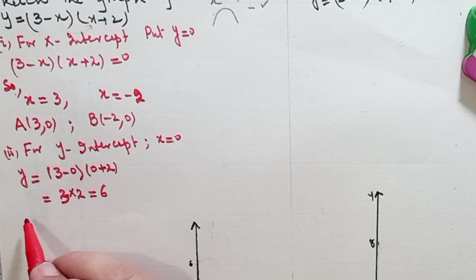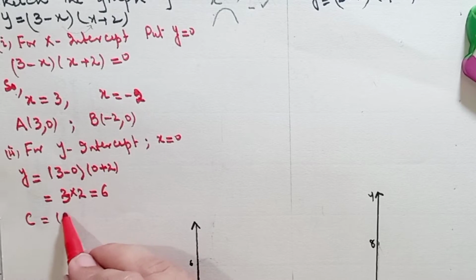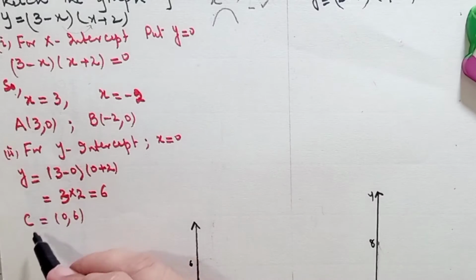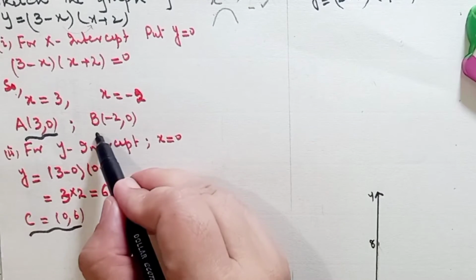So the next point that I have to mark is C, (0, 6). And why (0, 6)? Because the point is on the y-axis, and when any point is on the y-axis, its x value is 0.